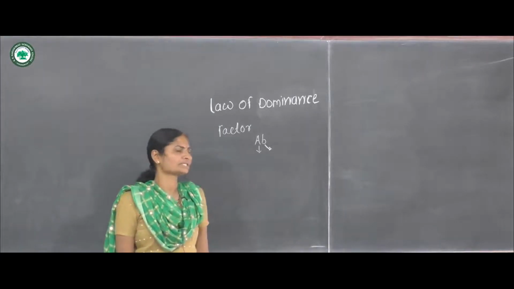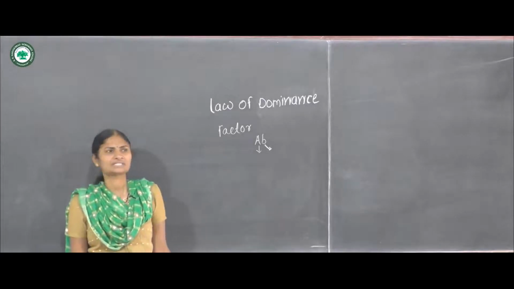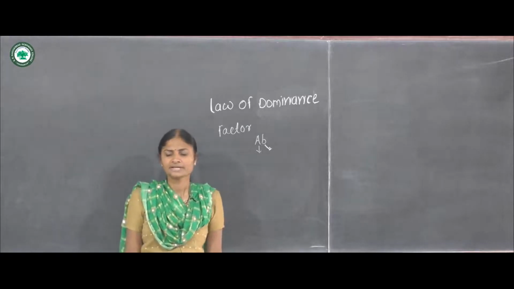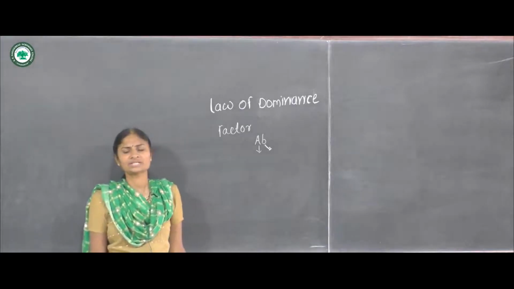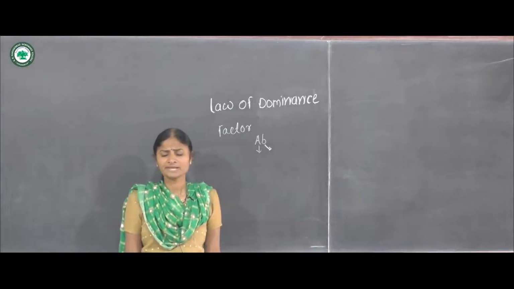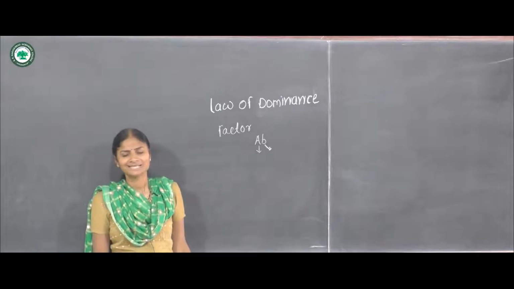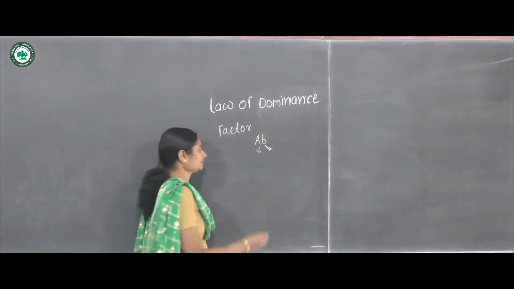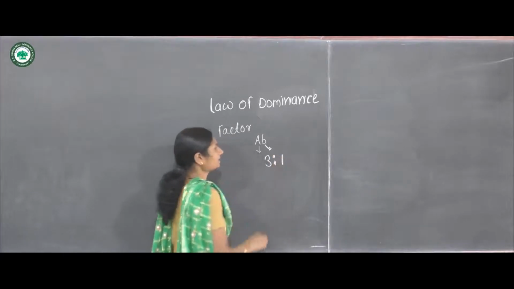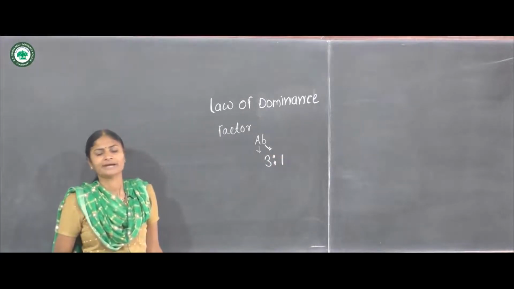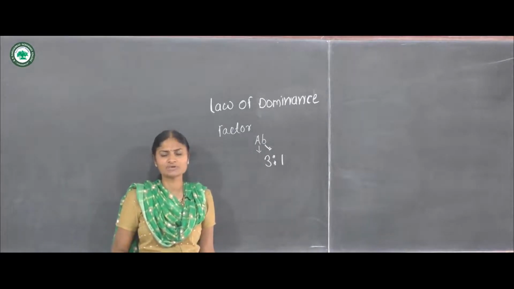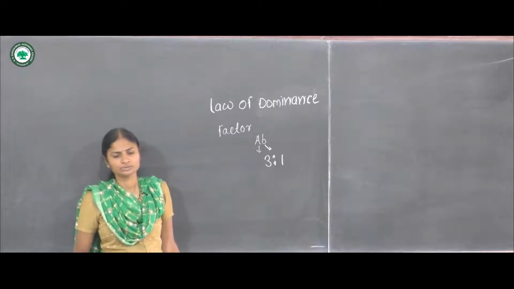Only one character is expressed in F1, and both characters are expressed in F2. It also explains the 3:1 proportion obtained in the F2 generation.